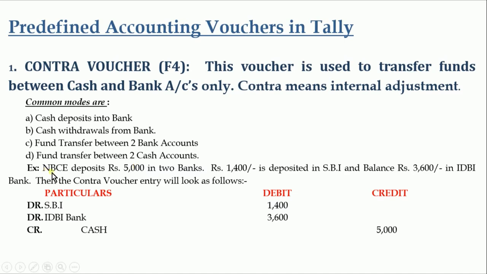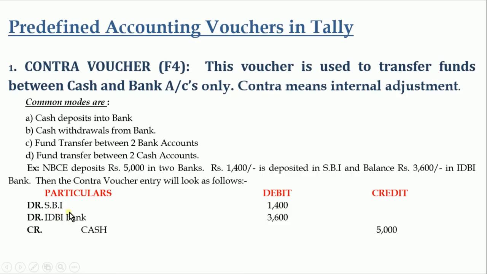Example. NBC, maybe for example, an institution name, NBC deposits rupees 5,000 in 2 banks, 1,400 in SBI and 3,600 in IDBI Bank. Then the contra voucher entry will look as follows.